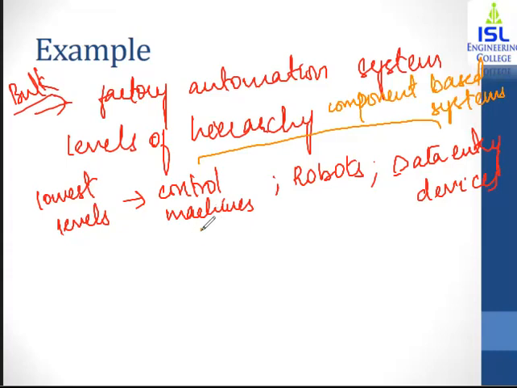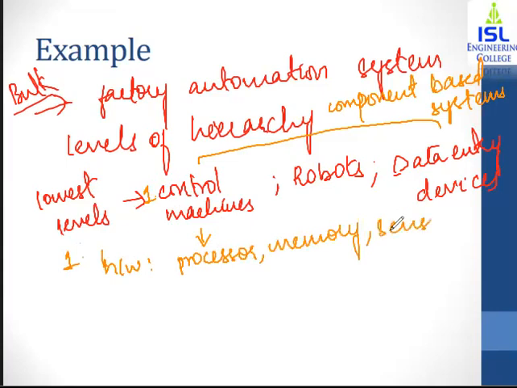Now if we come on to the control machines, within these control machines you're going to have different electromechanical hardware or electronic components. So within the hardware, taking the example of control machines, the hardware can be the processor, the memory, or the different sensors.